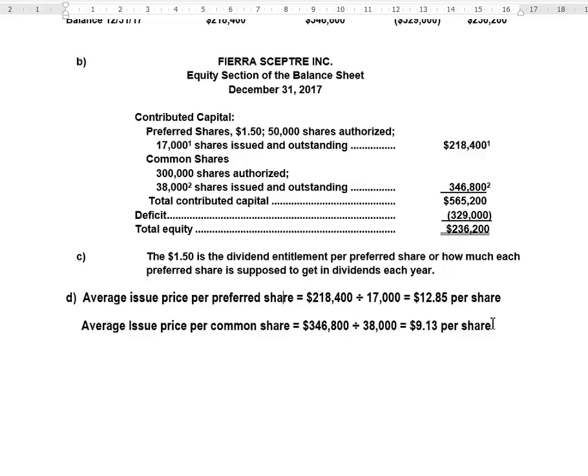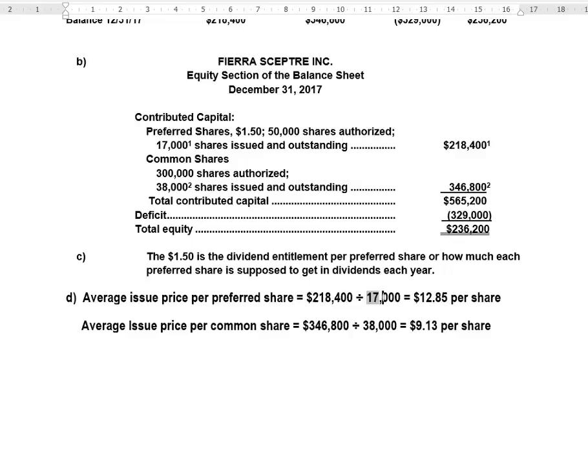In our case, all we do is we take the total amount of equity that was received when the preferred shares were issued, divided by the number of shares that we issued, which was 17,000. To 2 decimal places, we see that an average preferred share investors gave us $12.85 per share.